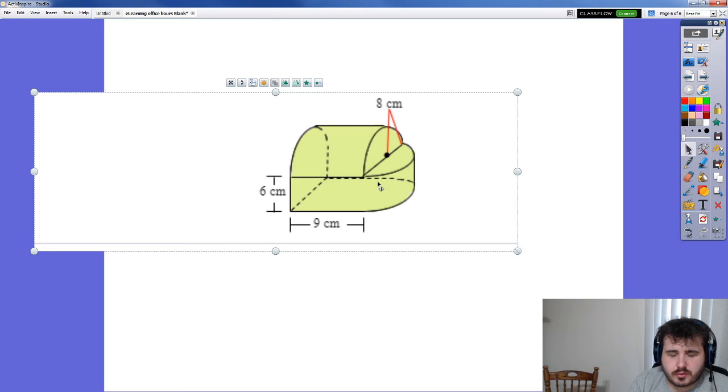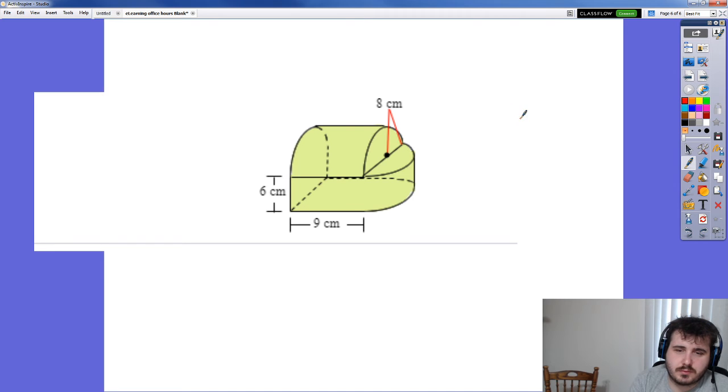You could also chop off this front part as another half of a cylinder. So basically what you have is here's one half cylinder up here. Up front is another half of a cylinder.